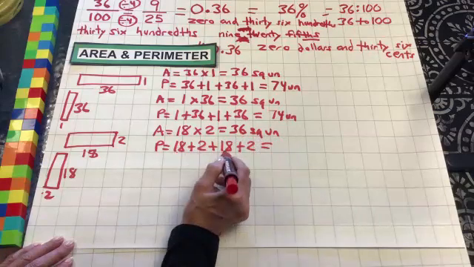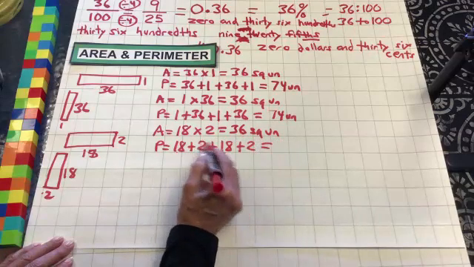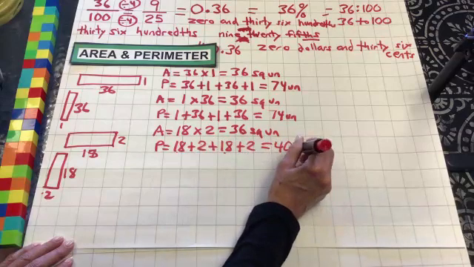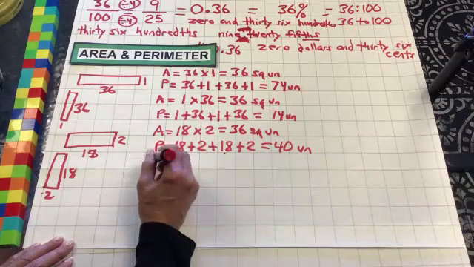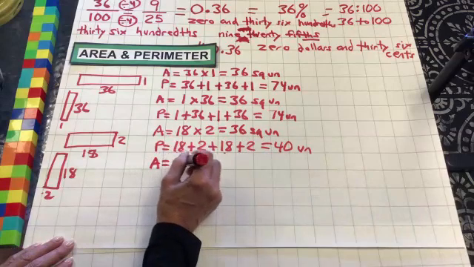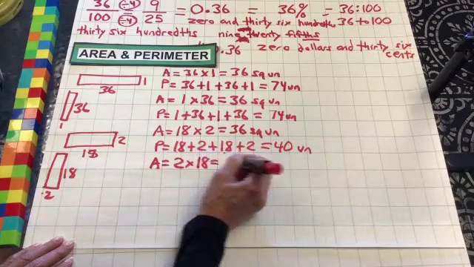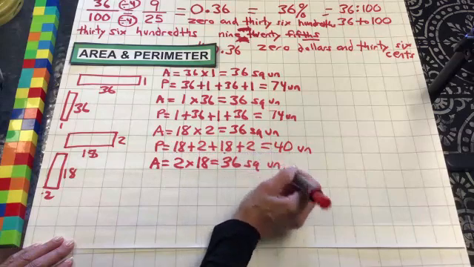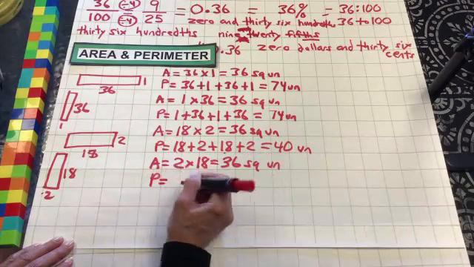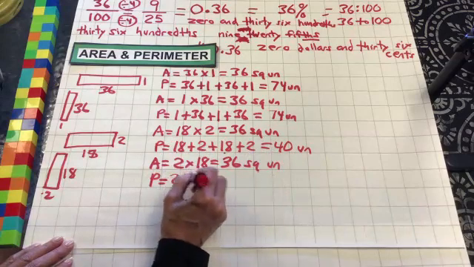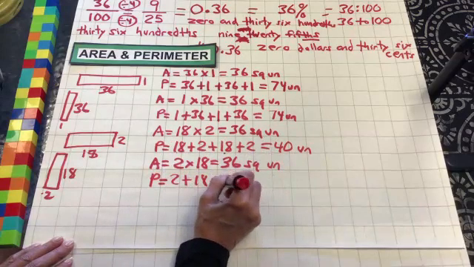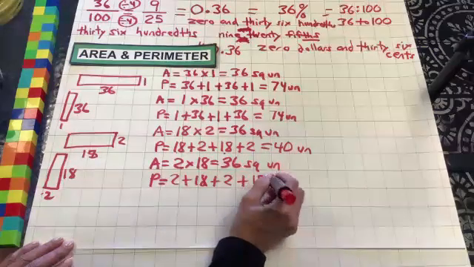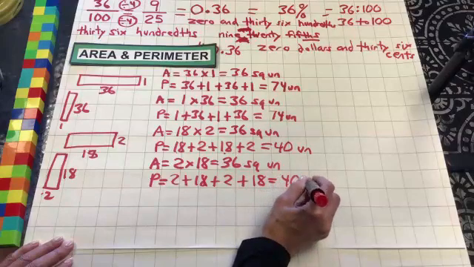So we know 2 18s is 36, 37, 38, 39, 40 units. Let's go the other route. 2 by 18 equals 36 square units. And the perimeter is just linear. So that would be 2 plus 18 plus 2 plus 18 equals 40 units.